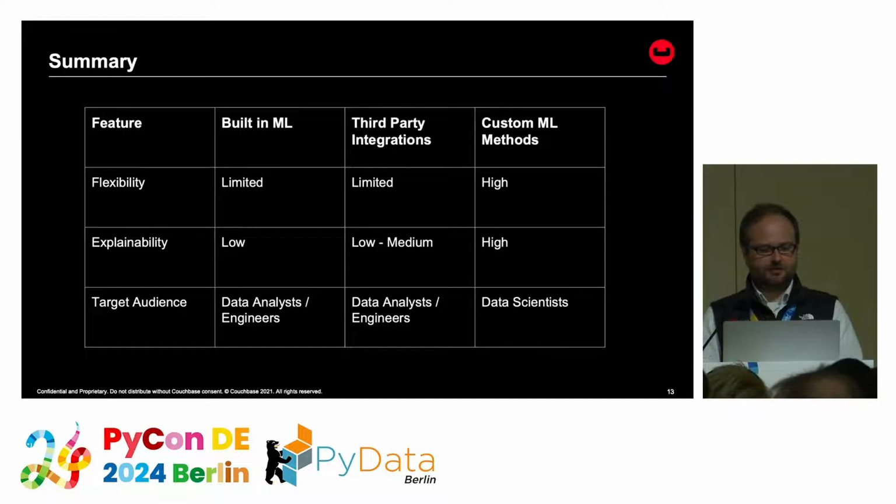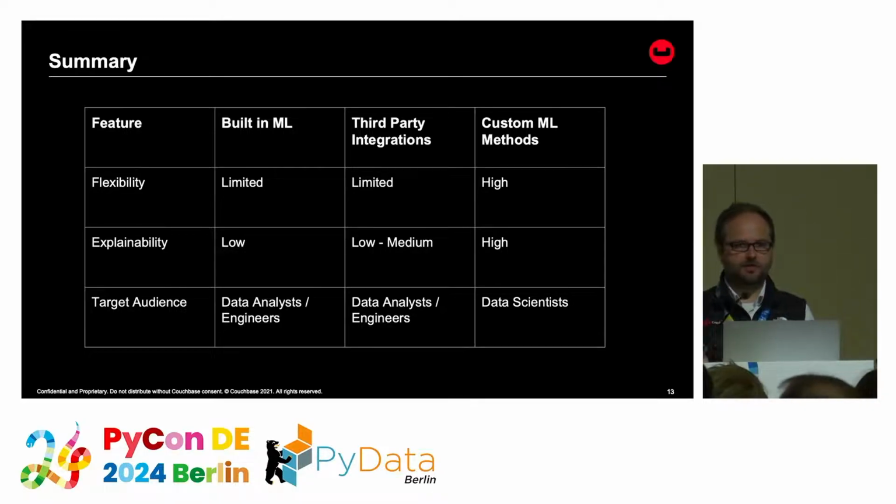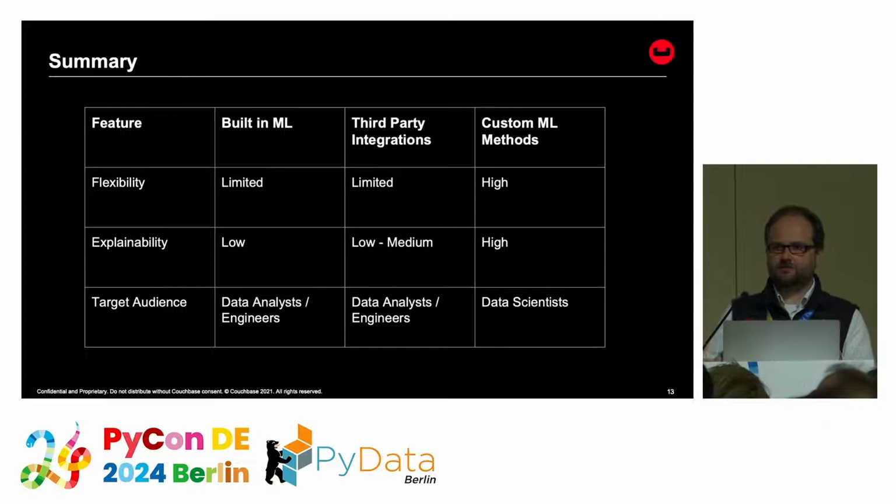So built-in machine learning, obviously that can also range from low to medium. I mean, it depends on the model, on the data, but it's limited to what you have as models, right? So it could make sense, but you cannot really tune it. You have to use whatever is there.